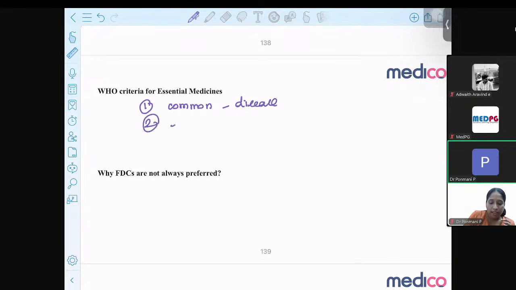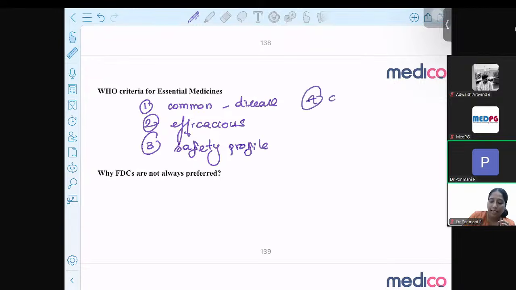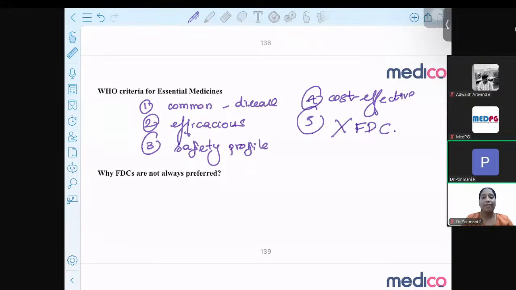And also, it has to be efficacious. The safety profile also matters. And most importantly, it has to be cost effective. And importantly, no FDCs. What is FDC? FDC is fixed drug combination.